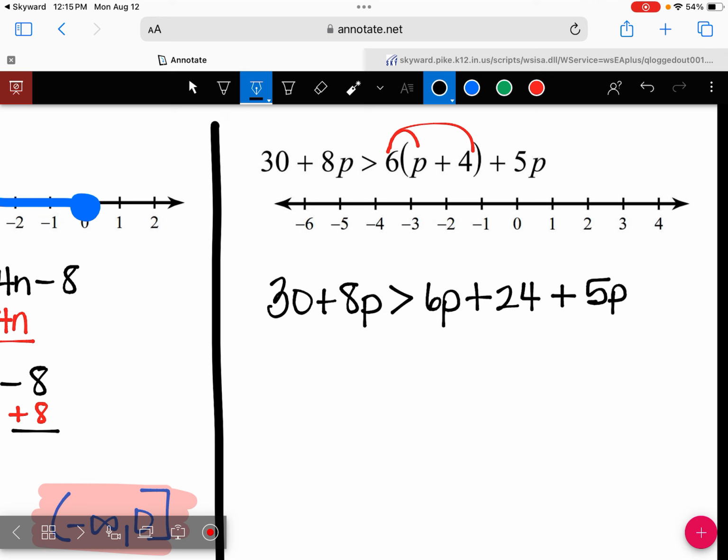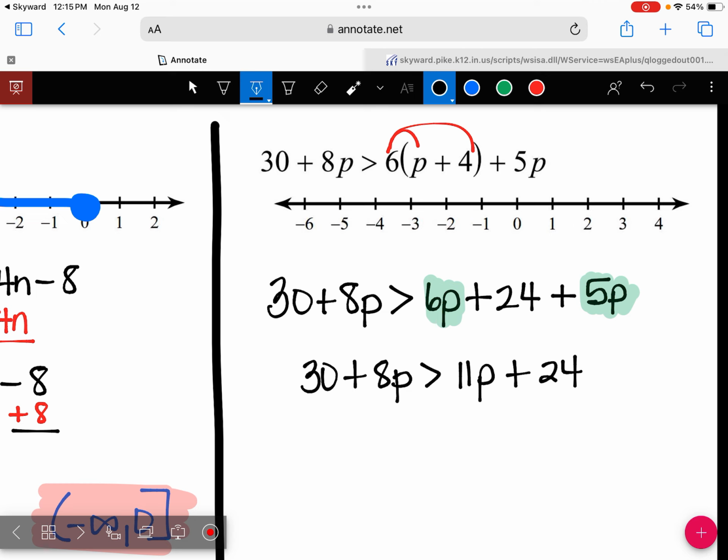Now you're going to combine your like terms. So that would be these two. And when you add those two together, you get 11p plus 24.